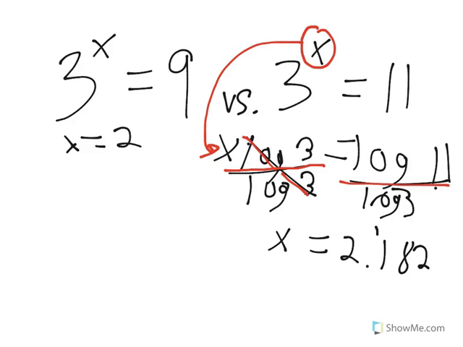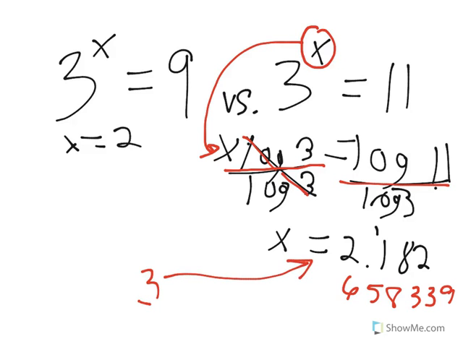And we ended up with our answer. There were a few more digits on there: a 6, a 5, an 8, a 3, a 3 and a 9. So what we're saying is that if you raise 3 to this power over here, you are going to get an answer of 11.